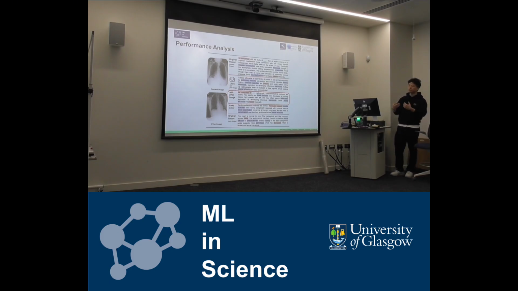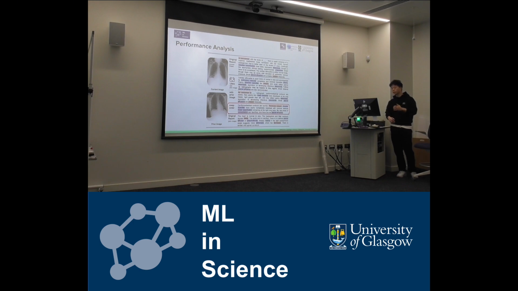And if we give the model a prior image as a reference, the generated report will incorporate a temporal phrase like "as compared to", simulating how radiologists compare the scan with the prior report.